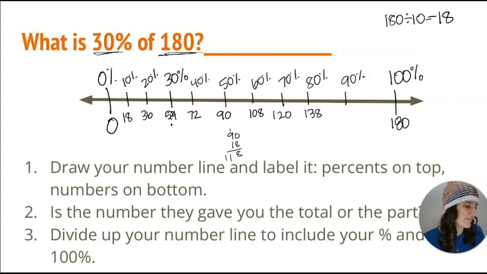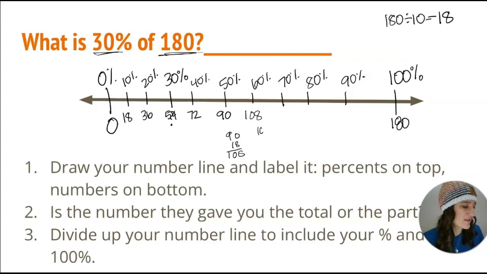Okay, I already messed up. 118, add another 18. Wait, no, Ms. Madsen, you can add. Found my mistake. 90 plus 18 is just 108. I was right the first time.